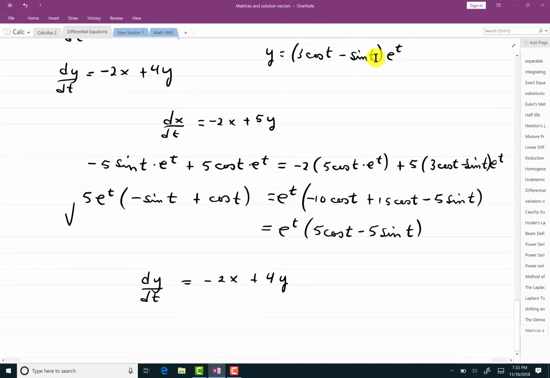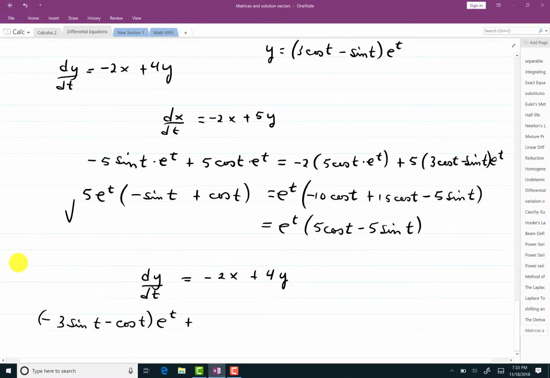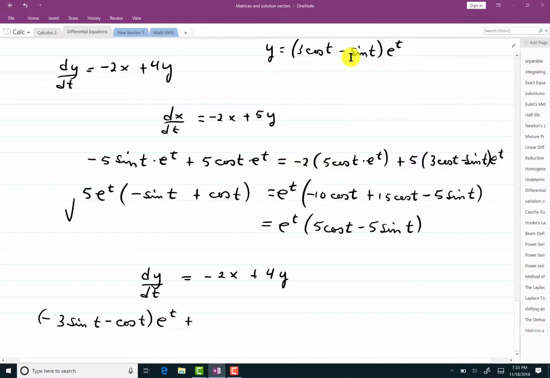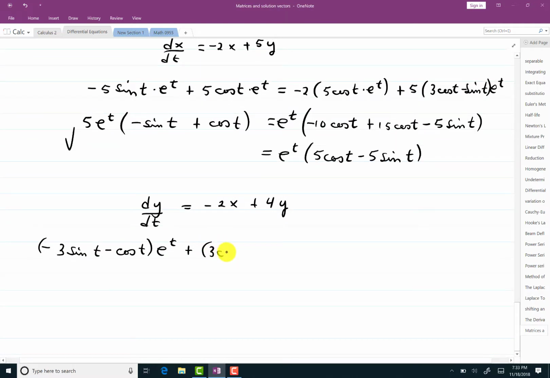I'll take the derivative of this stuff in parentheses first, negative 3 sine minus cosine of t times e to the t plus, and then we'll just take the derivative of e to the t, which will do nothing, and I'll leave the first part alone. 3 cosine of t minus sine of t times e to the t.